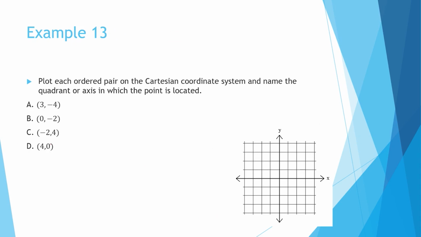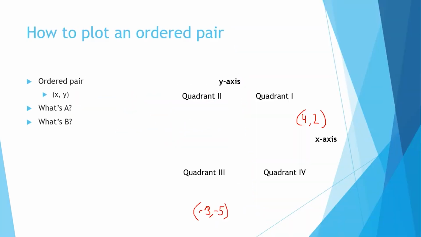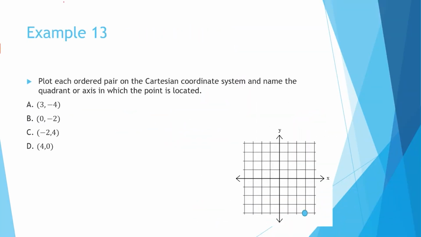Here's example number 13. It reads, plot each ordered pair on the Cartesian coordinate system and name the quadrant or axis in which the point is located.